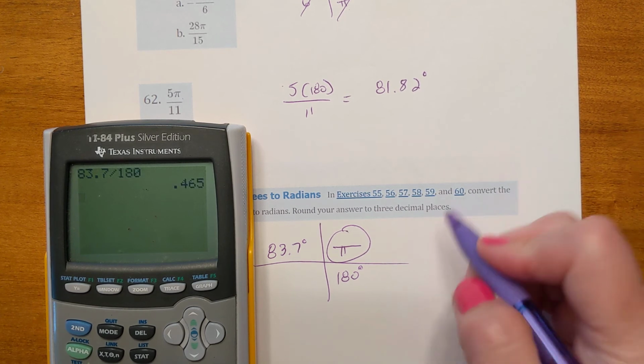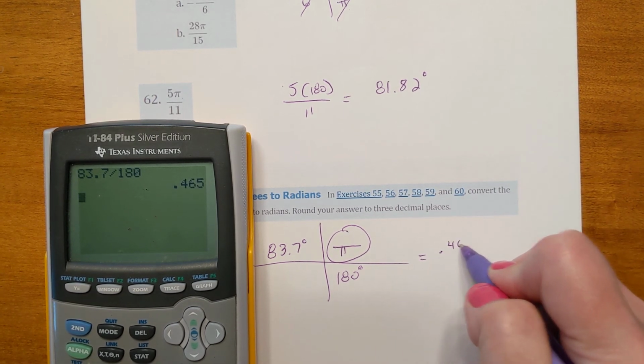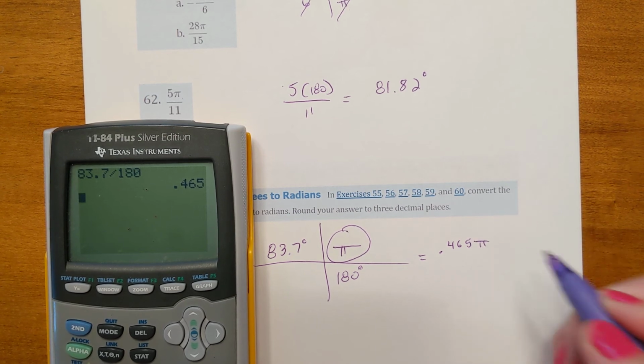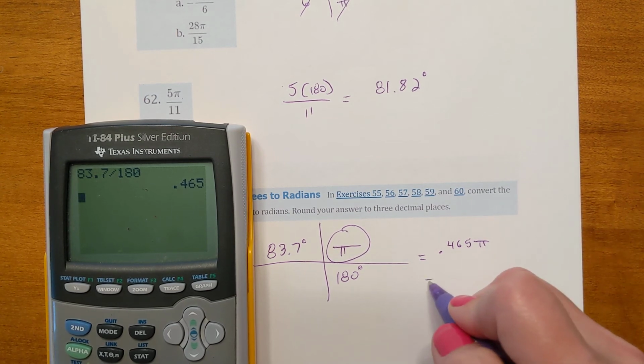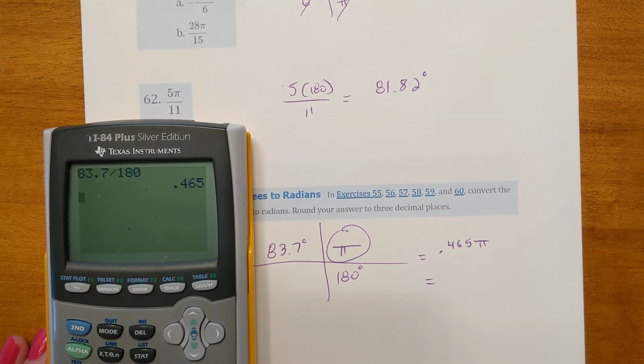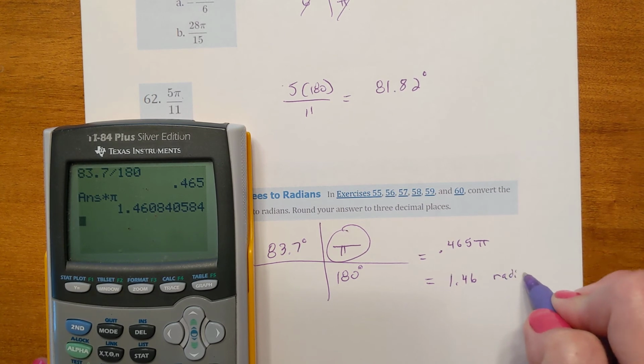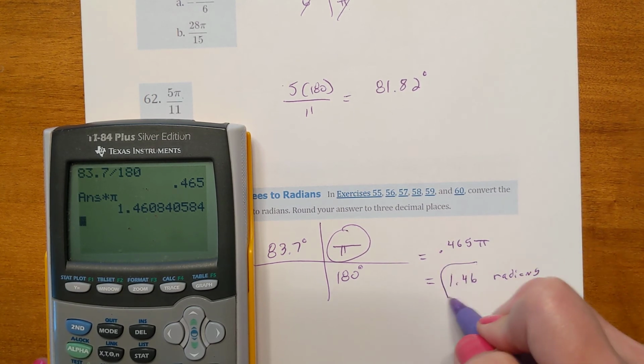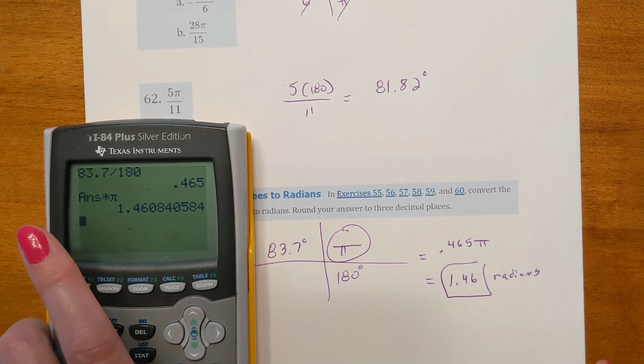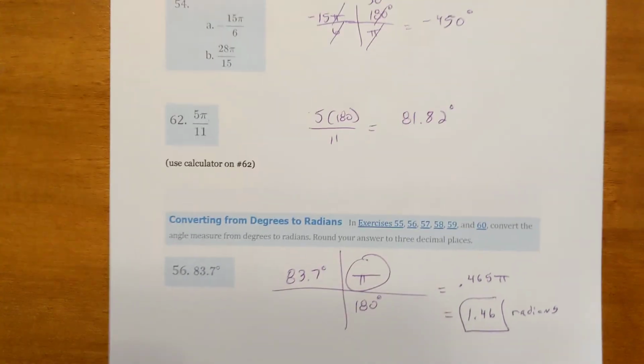If you leave pi out of it, it makes it 0.465 pi. All right, they want it totally in radians, so that means that you multiply it by pi. And so that makes it 1.46 radians. So that's the answer. That's totally in radians.